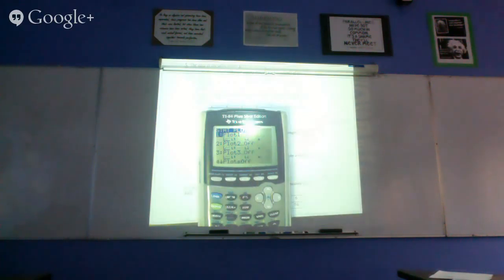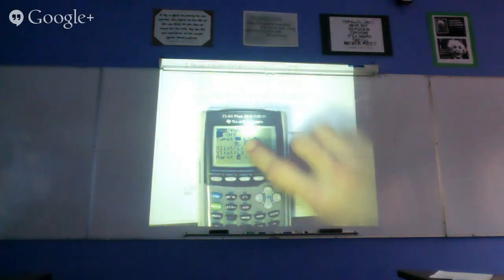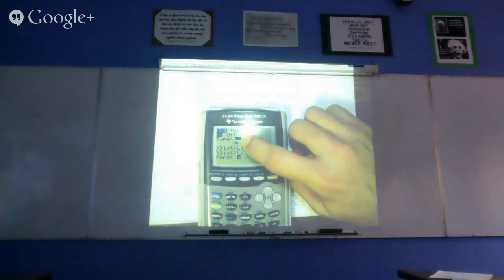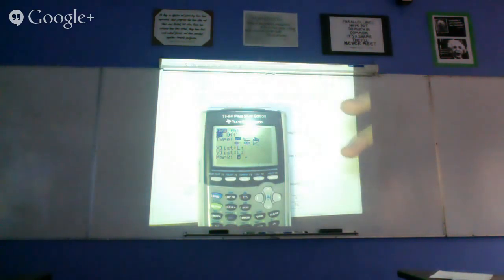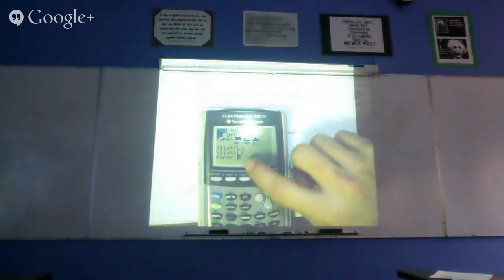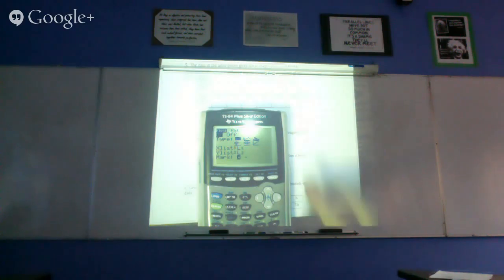So enter on stat plot 1, turn it on if it's not on already. Turn on your scatter plot, which is the first one. Make sure your x's are L1s, your y's are L2s. Now, your mark, for those of you that have a color, you can choose a color and a mark, or just a mark. Mine's black and white, I don't get much choice. Okay, so once you get this, do not graph, because if I go to graph, I don't see anything.